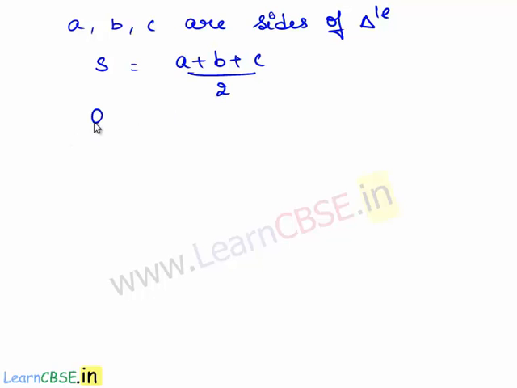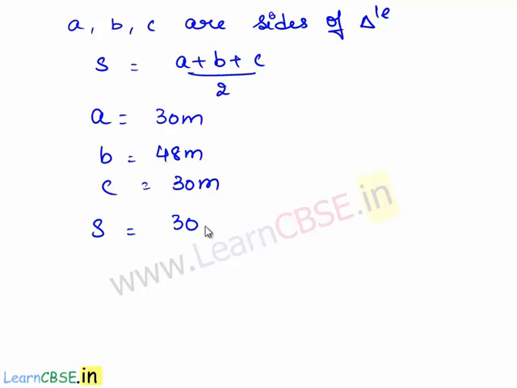So let A be equal to 30 meters, B is equal to 48 meters and C is equal to 30 meters. We shall find the semi-perimeter, that is (A plus B plus C) divided by 2, which is equal to 108 divided by 2, that is 54 meters.